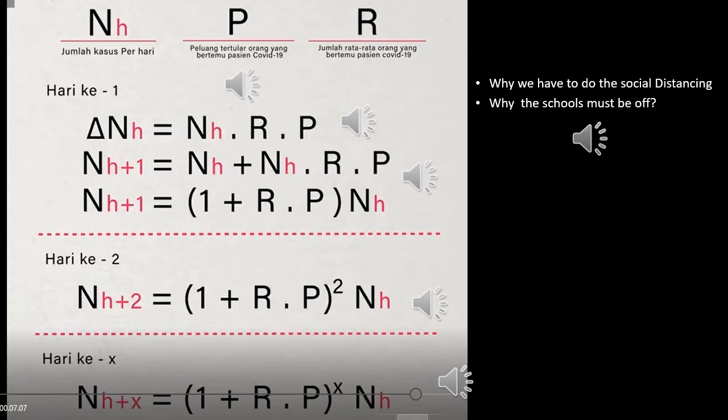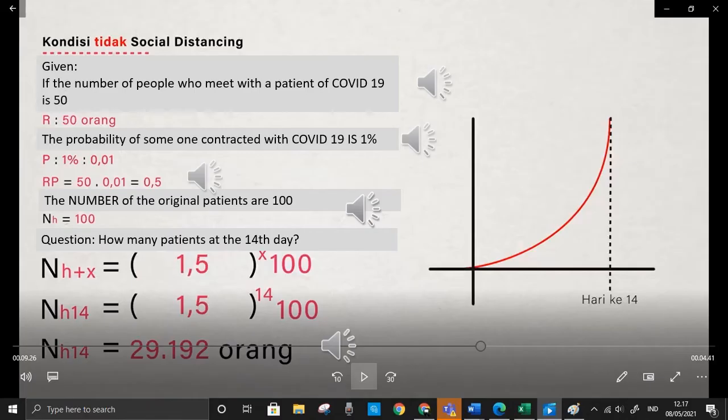At day x, it will be (1 plus r multiplied by p) to the power of x multiplied by n.